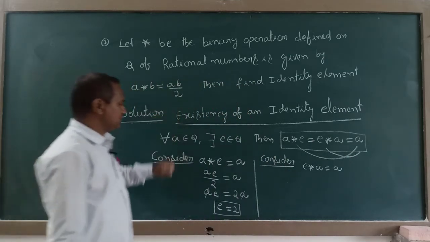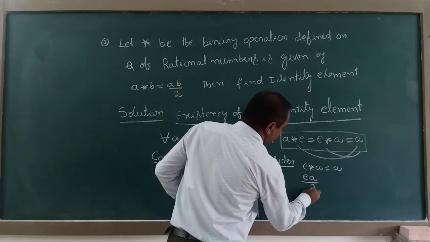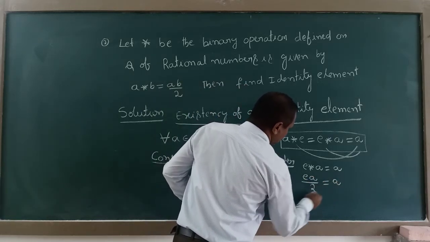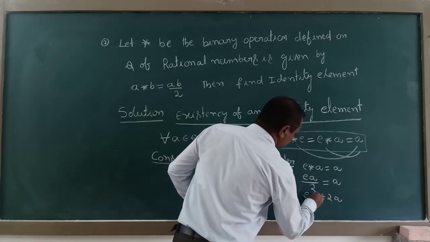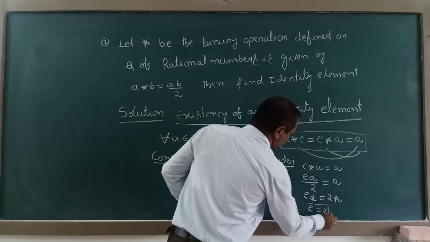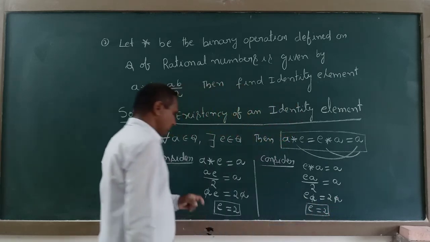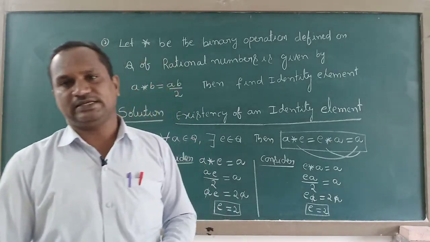The same definition must be applied here also. EA by 2 is equal to A. That's why EA is equal to 2A. Now A gets cancelled. E is equal to 2. That's why we got the same value, and it should be the same and unique.